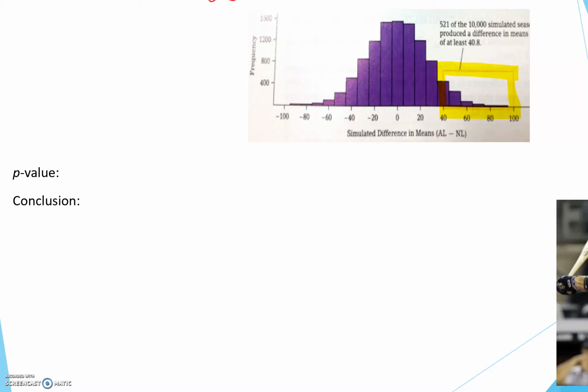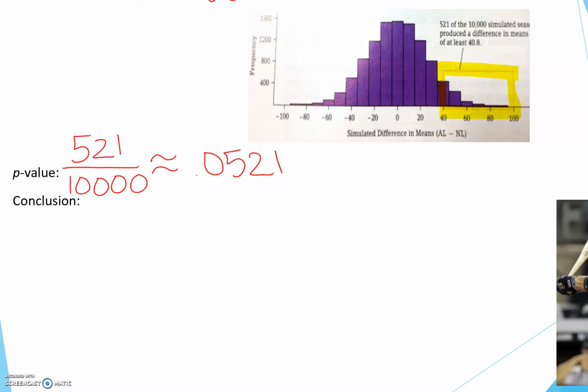521, that's how many dots there would have been if we were looking at a dot plot. 521 out of our 10,000 trials. Let me get my calculator real fast and tell y'all what that is. 0.0521.